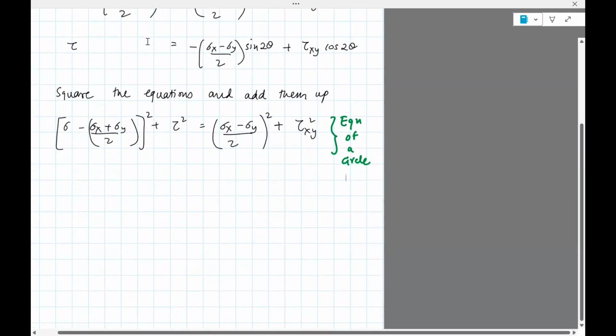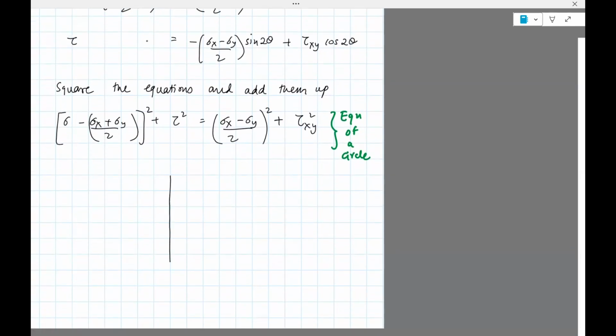Think of it in terms of axes x, y, where x is sigma and y is tau.